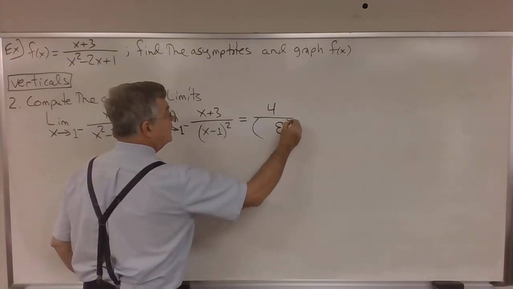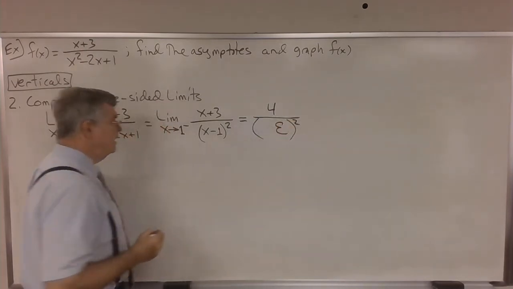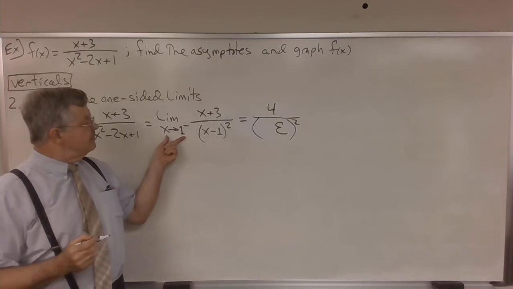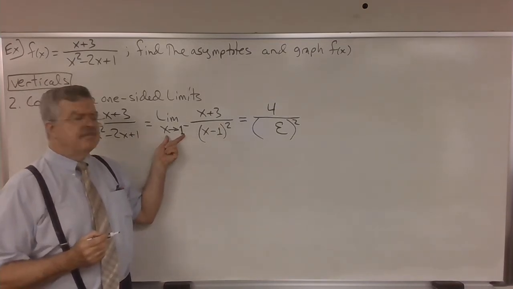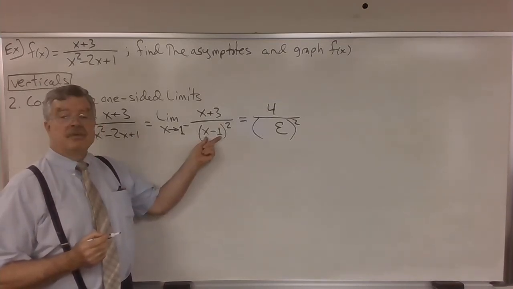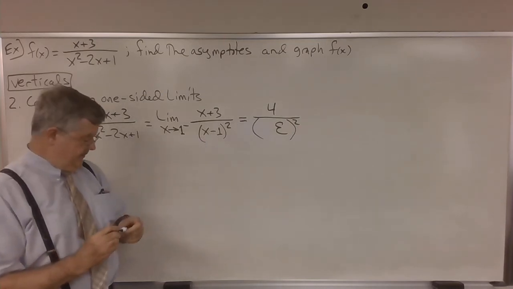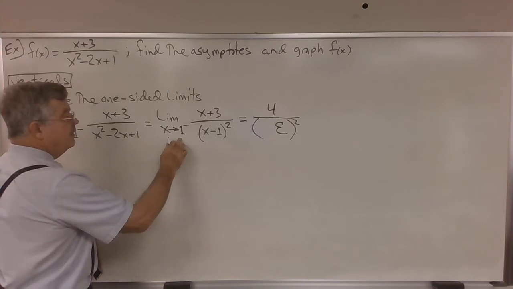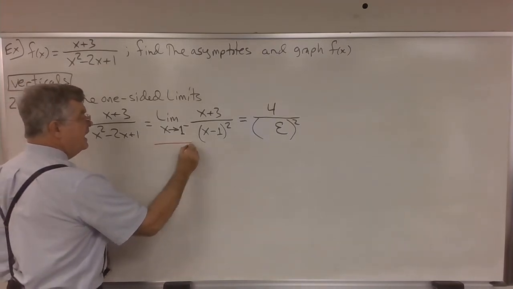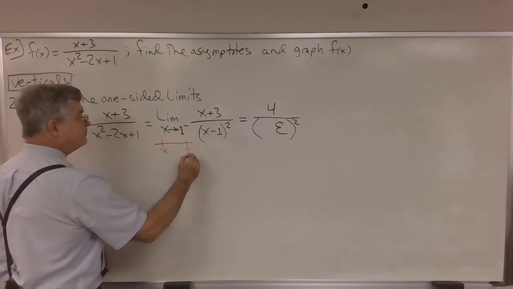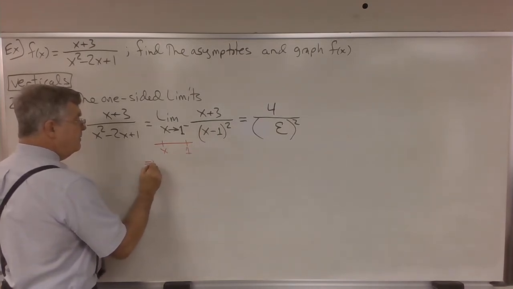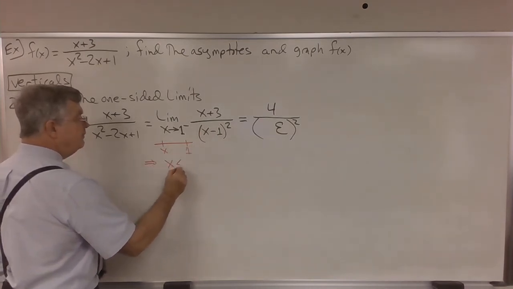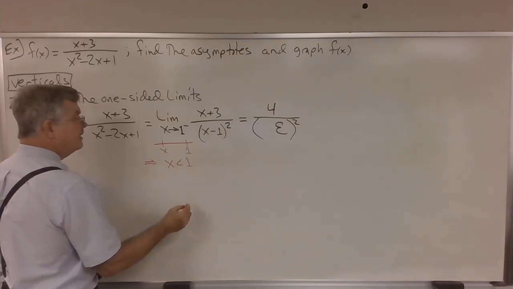An epsilon squared. Now, as x approaches 1 from the left, is x minus 1 positive or is it negative? Well, if x approaches 1 from the left, then x is to the left of 1 on the number line. So that means x is less than 1.